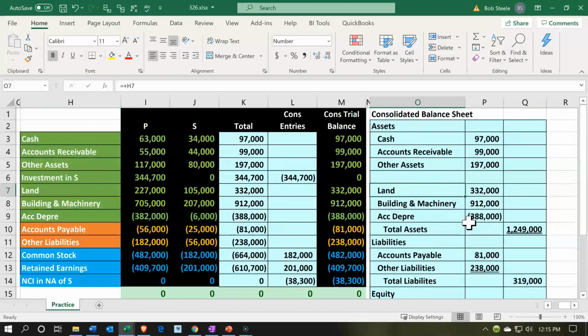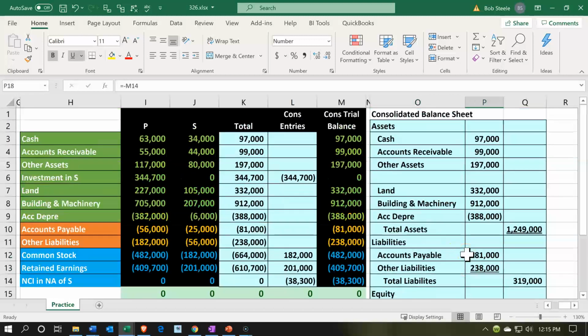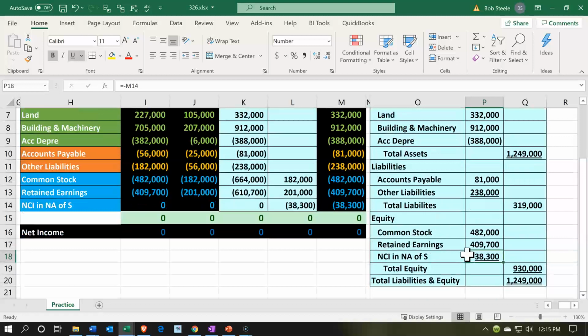And it also makes sense to say, hey, look, there's 10% of those net assets that although P has control over, if they were to liquidate, it's almost like a bond, there's 10% that is owned by S. So we're representing that down here in this line item in the equity section. Notice it's not represented in the assets. It's not represented in the liabilities. They're just consolidated together. But in the equity section, we have this added line item.